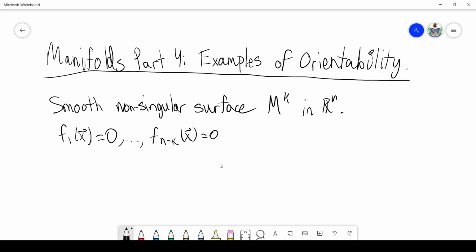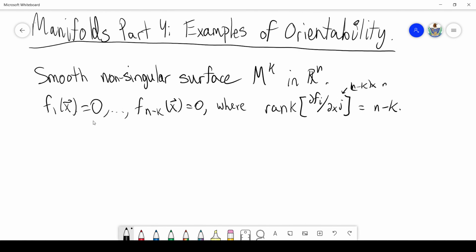So n minus k equations like this, where the rank of the matrix formed by the partial derivatives is maximal, which is going to be n minus k, because this is an n minus k by n matrix. So n minus k is the highest rank it can achieve. So this is the definition of a smooth non-singular surface. It's a k-dimensional surface in Rn.